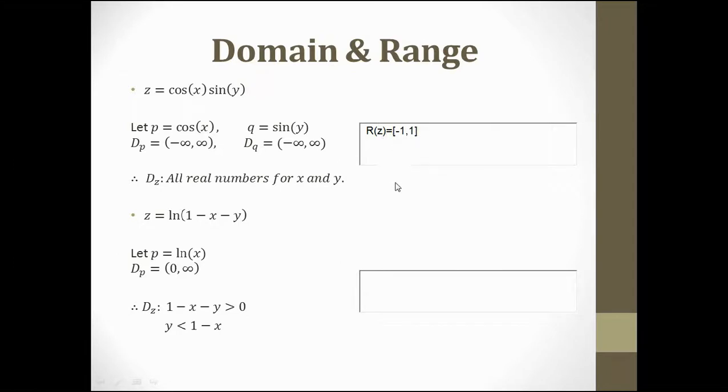So let's move on to the next function, z equal to ln(1 - x - y). Essentially what we have to do is to find out what kind of numbers we can plug into x and y so that this function makes sense.